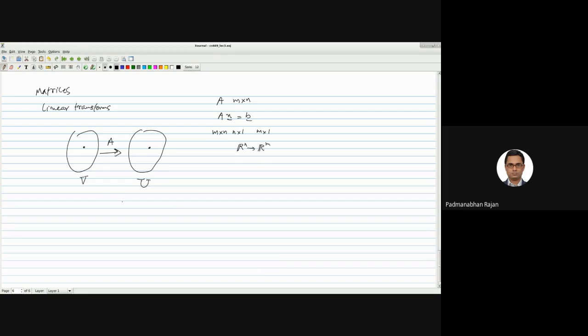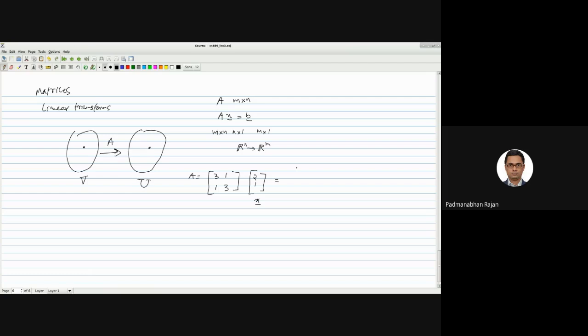So for example, consider A as the matrix 3 1 1 3, and let me take my x as 2 1. Okay, this is my x.